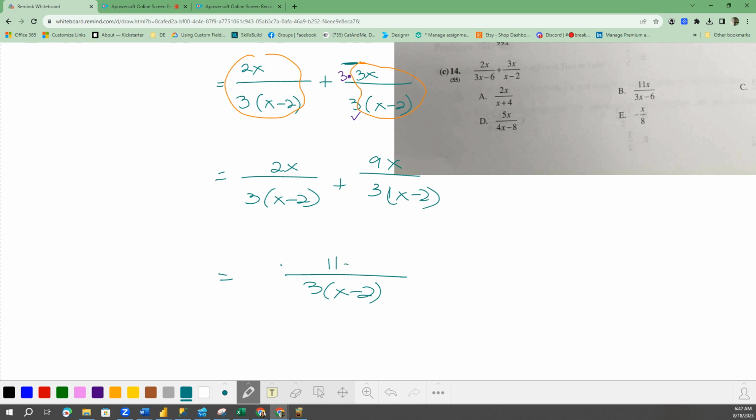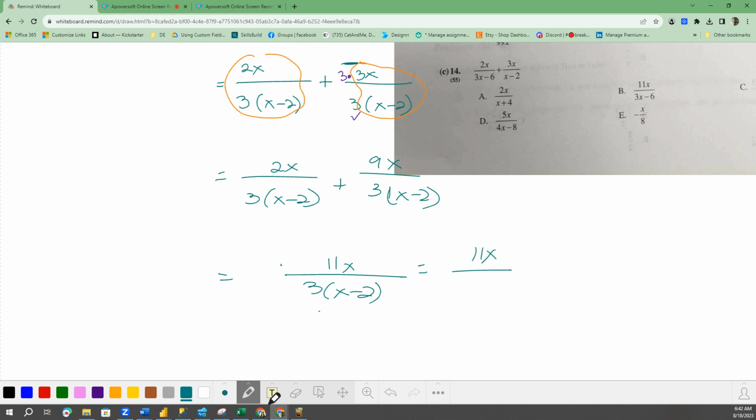So you have 11x. Okay, so let's factor out the 11x to see if there's something else that will cancel. So you have 11 times x, and then 3 times x minus 2. Well, can you cancel anything? There's really nothing, so that means you don't really have to factor it because there's nothing that will cancel. So therefore your answer will just be 11x over that.